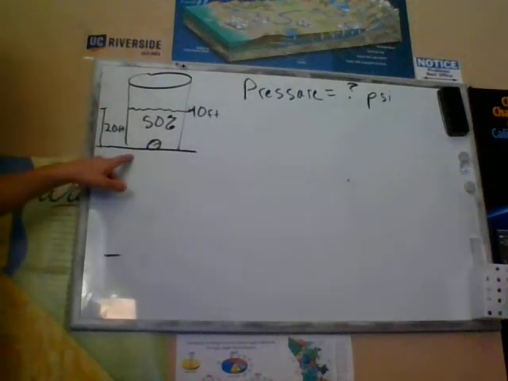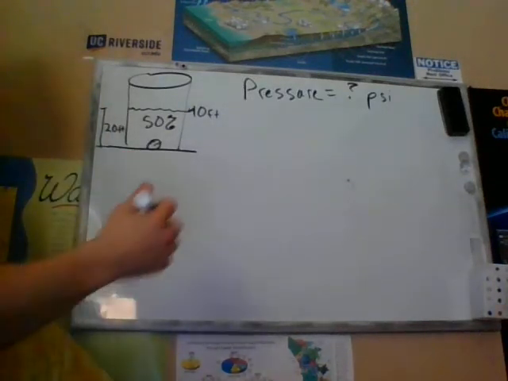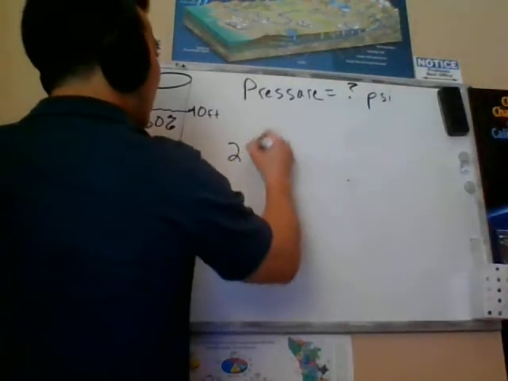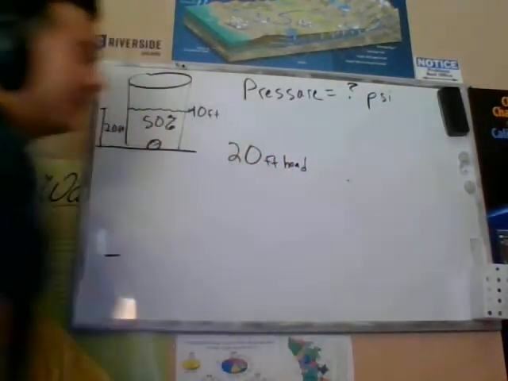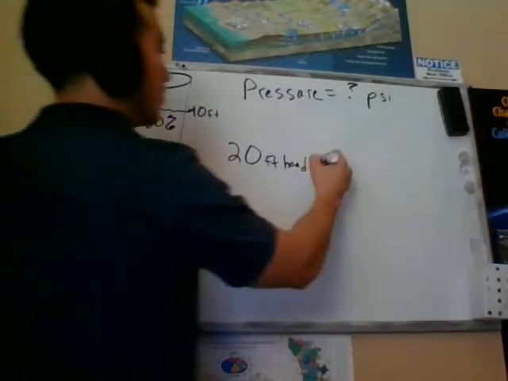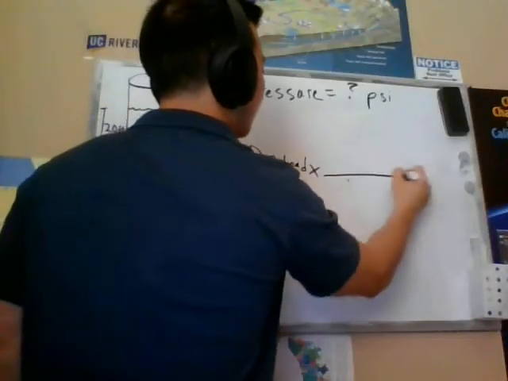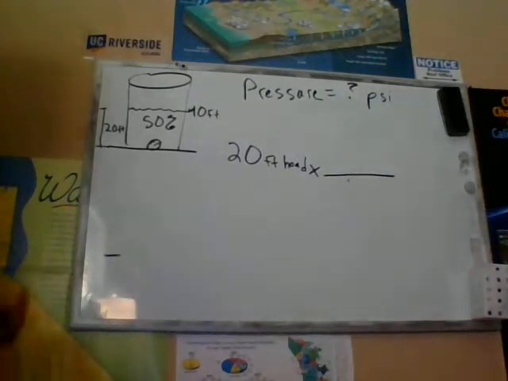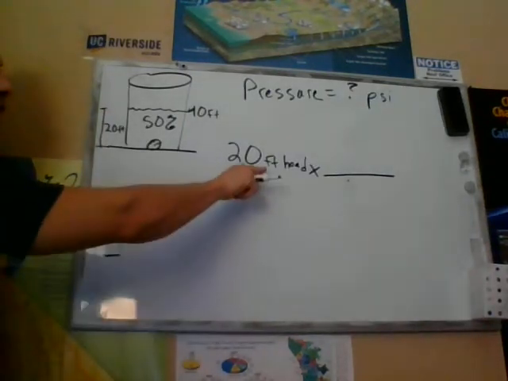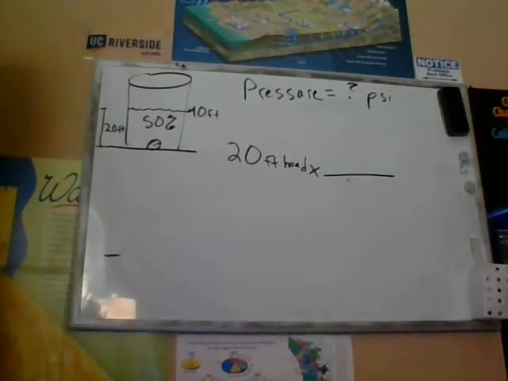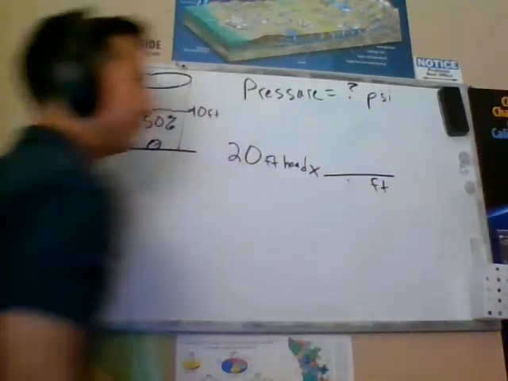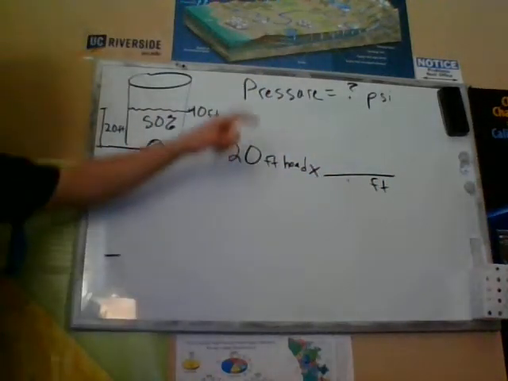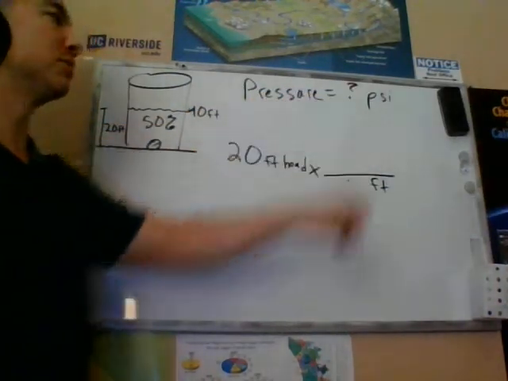Now I can do that with a unit conversion. I know that I have 20 feet of head. I now need to convert that. Just like our other unit conversions, I want to figure out the conversion factor. I know I need to get rid of my feet of head, so feet has to go on the bottom down here. What am I trying to get to? I'm trying to get to pressure in terms of PSI.